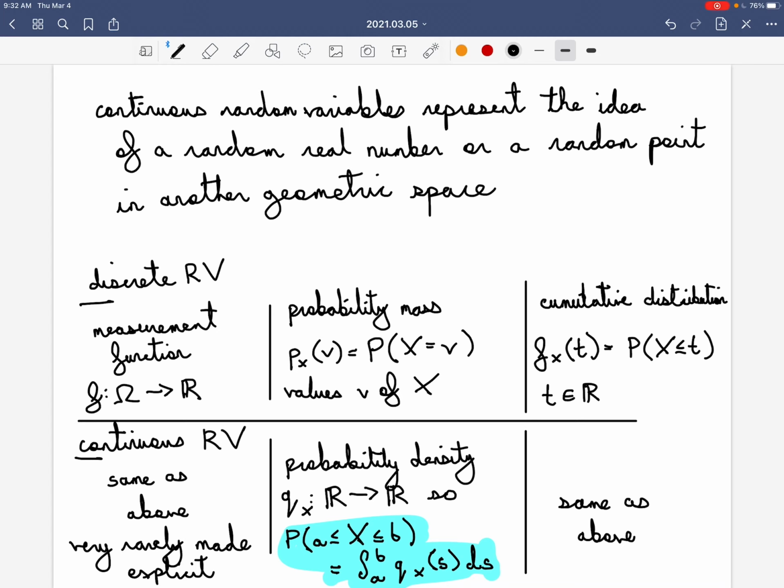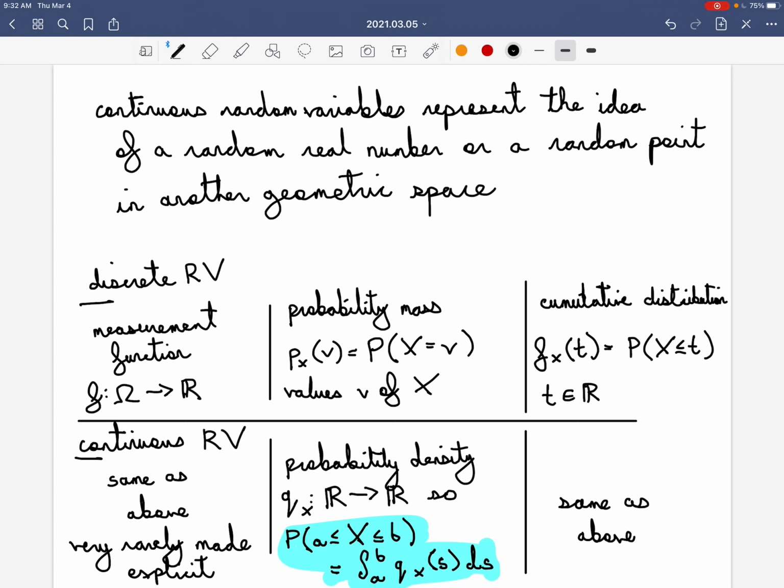Okay, so the second way we had to define a discrete random variable was this thing called a probability mass function. The probability mass function was a function that took as input a potential value of the random variable, and produced as output the probability that the random variable was equal to that value.